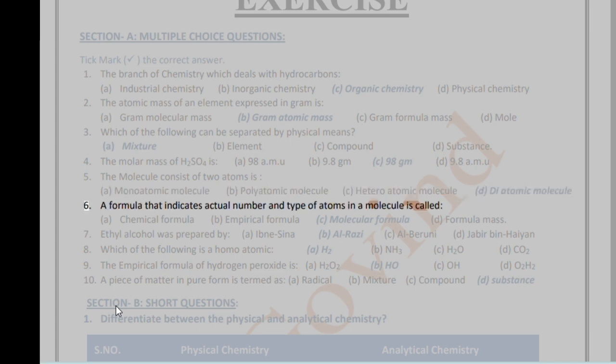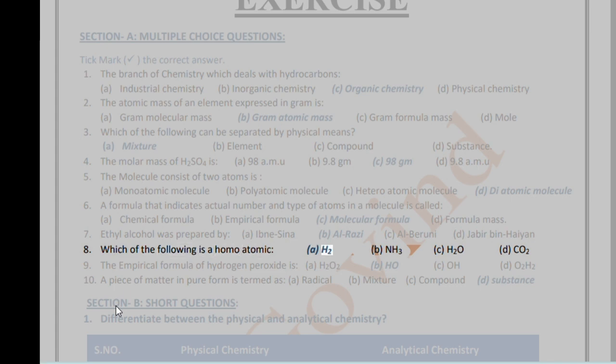6. A formula that indicates the actual number and type of atoms in a molecule is called: A. Chemical formula, B. Empirical formula, C. Molecular formula, D. Formula mass. 7. Ethyl alcohol was prepared by: A. Ibn Sina, B. Al-Razi, C. Al-Biruni, D. Jabir Bin Hayyan. 8. Which of the following is homoatomic?